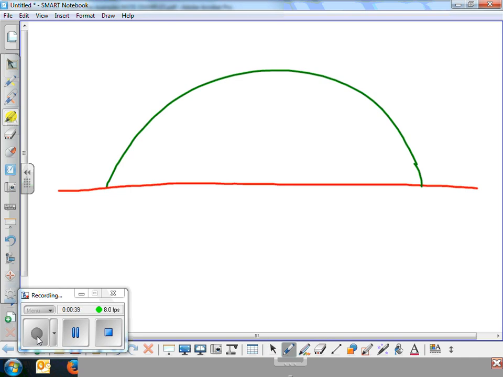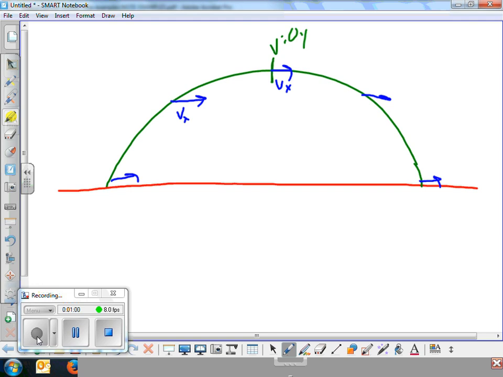So one of the things we set up here is that V is 0 in the y direction. But in the x direction, the V is constant throughout. So no matter what part of the projectile motion or the trajectory we're in, these Vx's are all equal to each other.